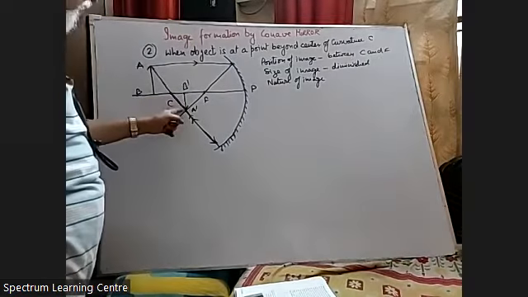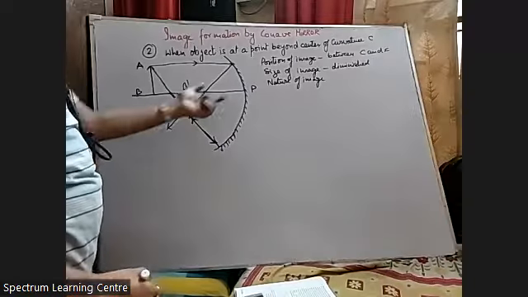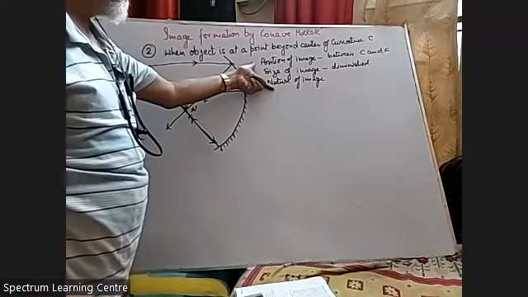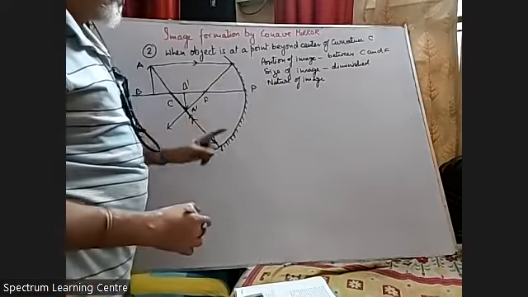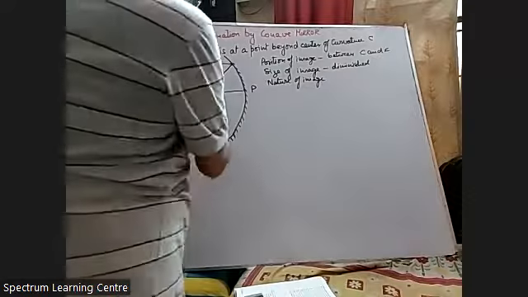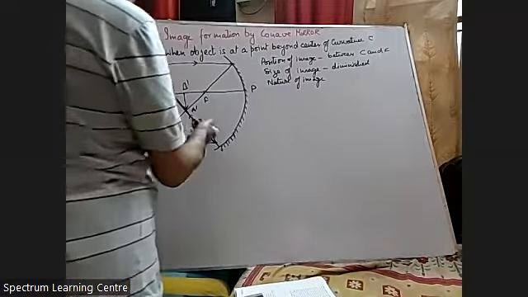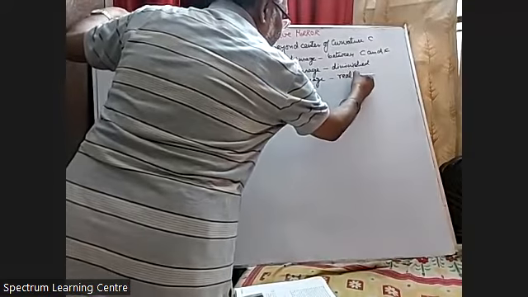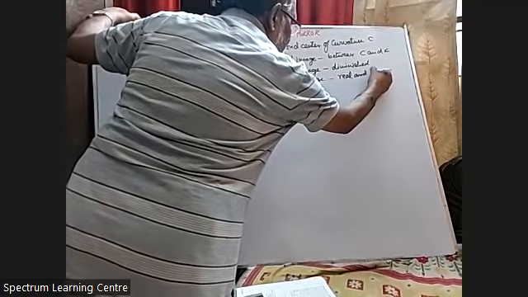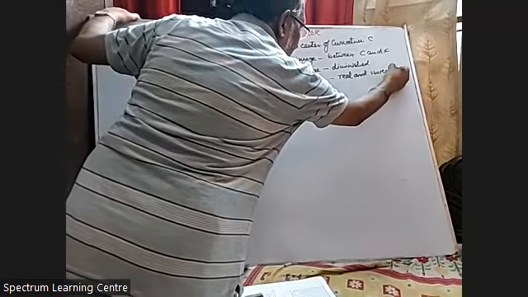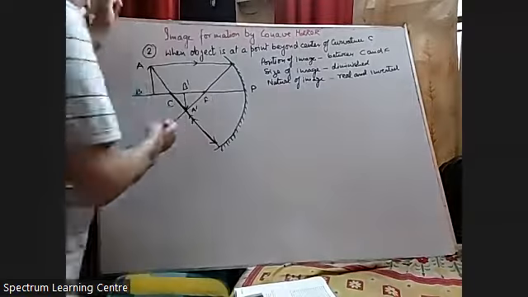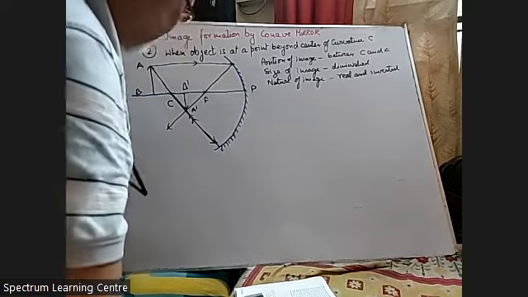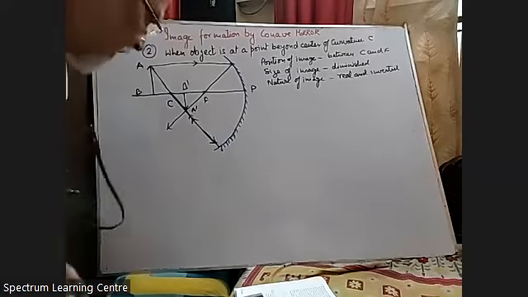There is no need of mugging up all this. People mug up all this. I bank on the ray diagram. Nature of image is real and inverted, because it is in front of me. Clear?